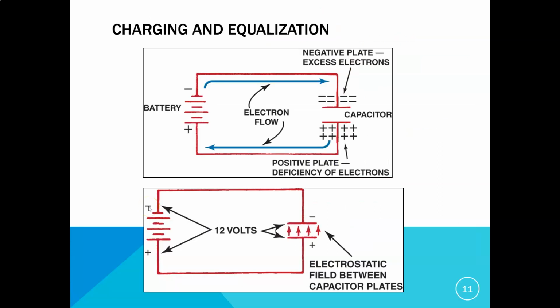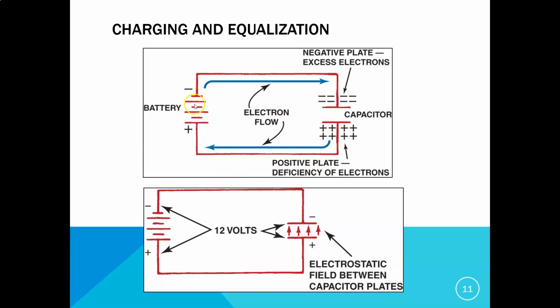Okay, so look at this picture and you can visualize what happens. Here's the positive side of the battery, here's the negative. So we say the current flows from positive to ground. But the reality is the electrons are flowing the opposite direction. The electrons are trying to flow to the positive plate.